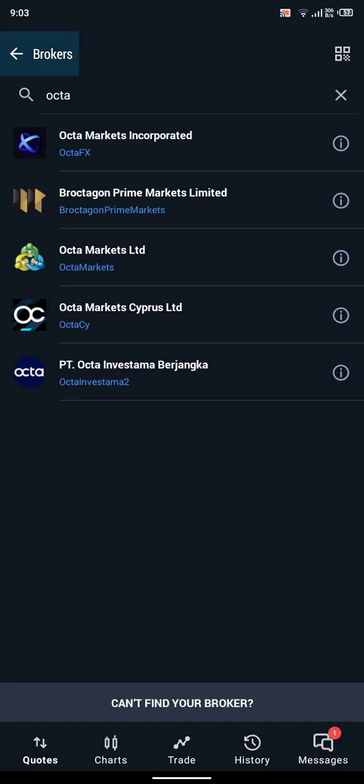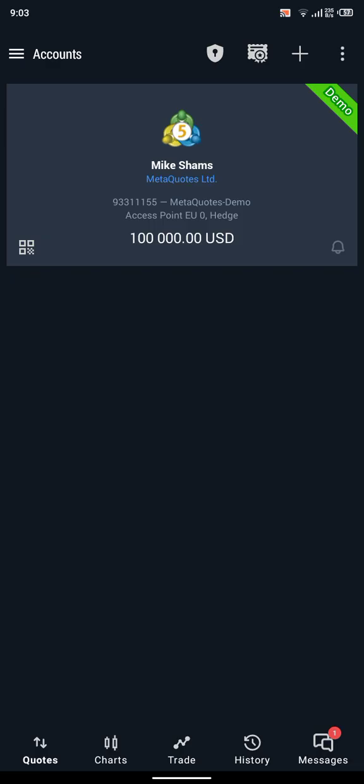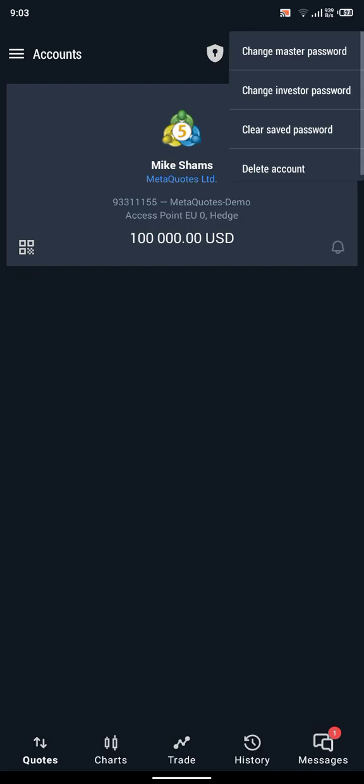So right here, I have a demo account here already. And then you can also delete the account if you want. If you just click on these three buttons at the top right, you will see change, you will see delete account. Once you click on it, it's going to go away. That's if you want to delete. Now what delete account means is that you are removing this particular account from this MT5 platform.